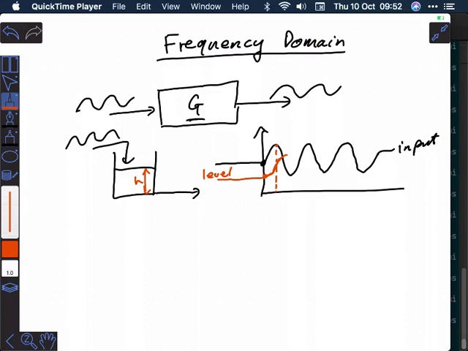Well, actually, technically, at some point a little bit before that, the level will start going down, right? But anyway, when the flow rate is low, the level goes down. When the flow rate is high, the level goes up. And that effect leads to this kind of response.